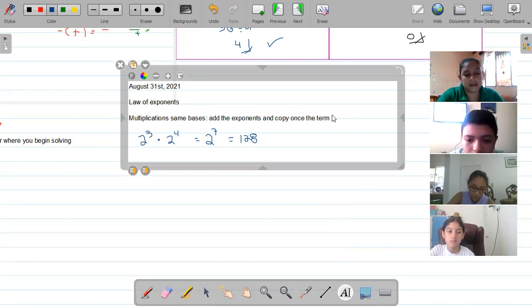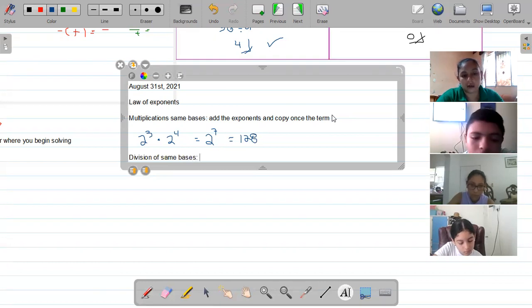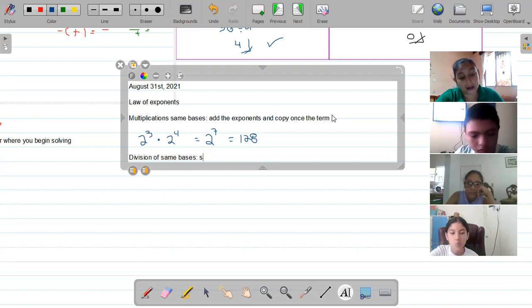Now we're gonna say division of same bases. And these laws of exponents are gonna be also the same thing when we include the variables, okay? So division of same bases. If with multiplication we add, in here we're gonna subtract the exponents, but this has a little trick.